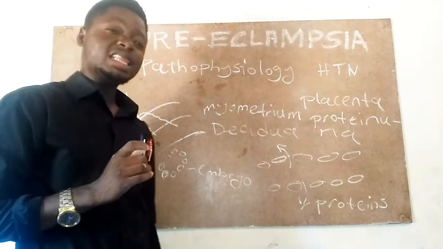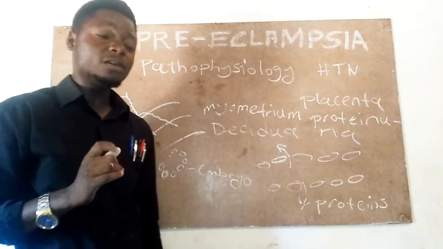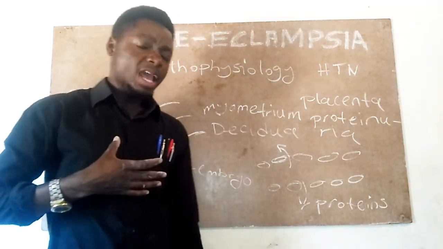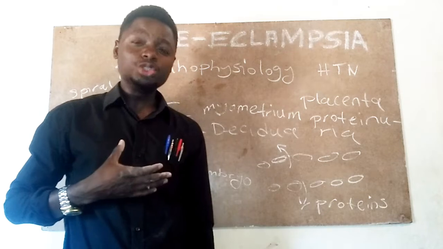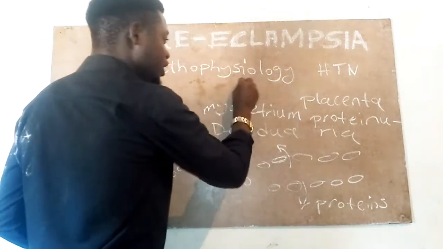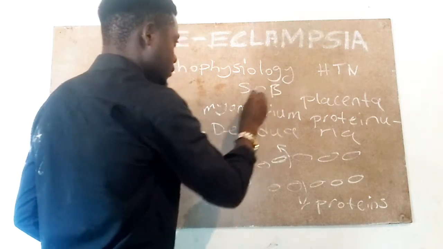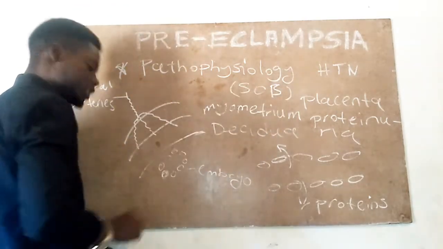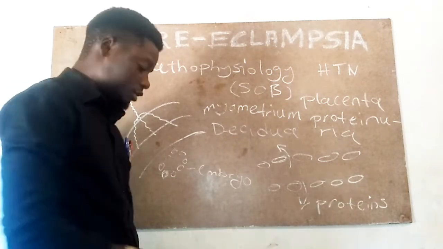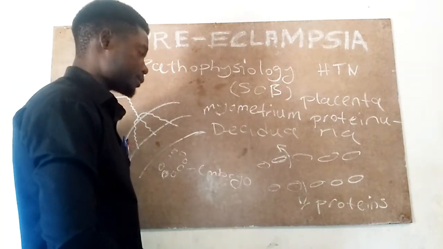Now, if this is happening at the level of the lungs, then the woman is going to have pulmonary edema, and pulmonary edema is going to lead to shortness of breath. The woman is going to have the shortness of breath, which we call the SOB. And this is another sign and symptom for women who have got preeclampsia.